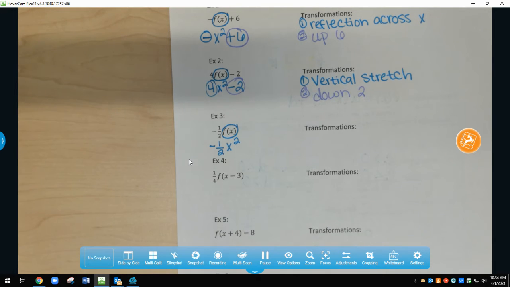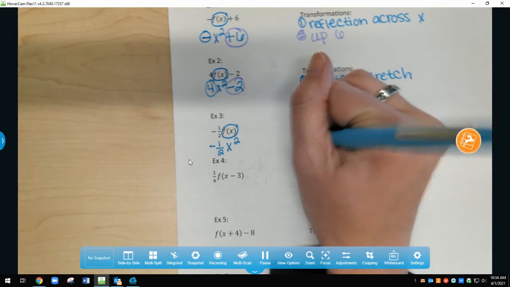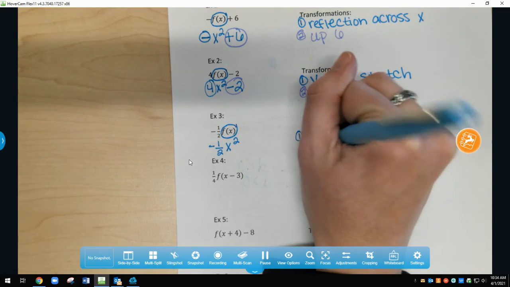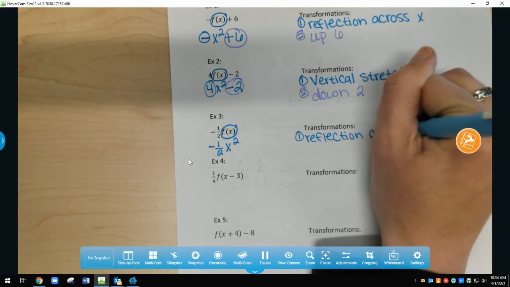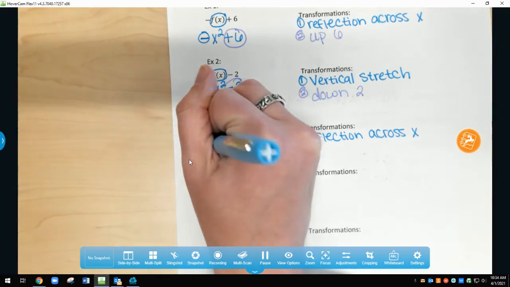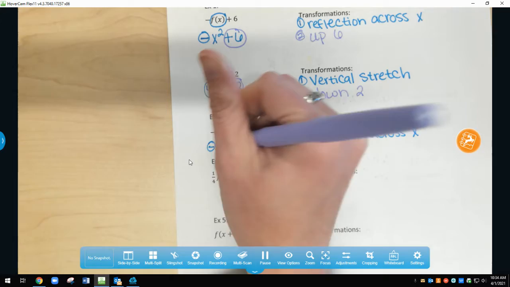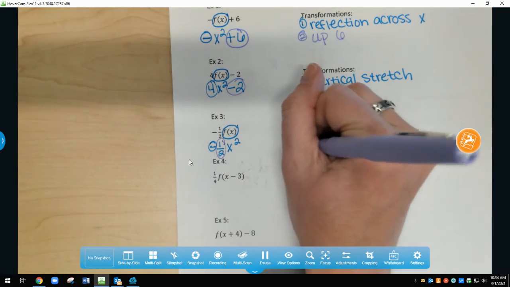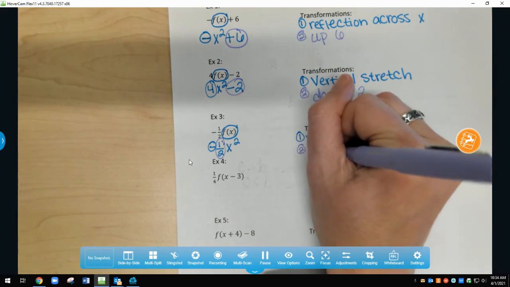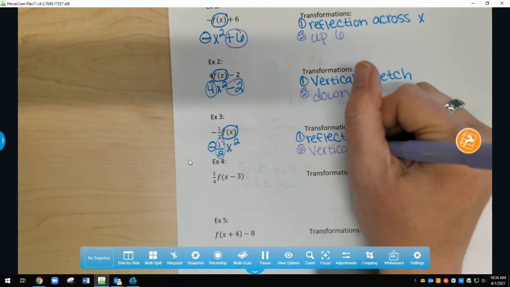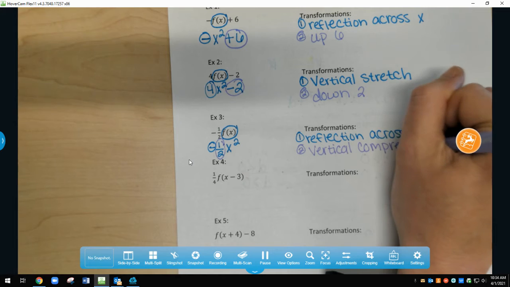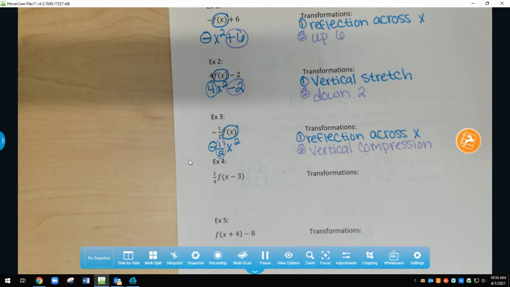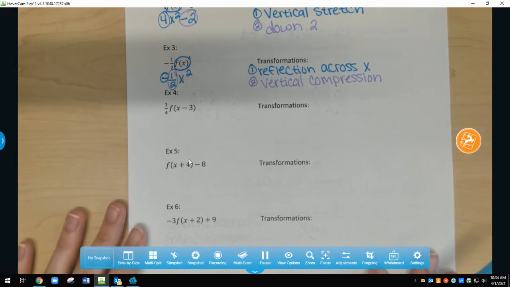So it's reflected across x because of that negative, and then because of the 1/2, it's a vertical compression because it got a little bit fatter.